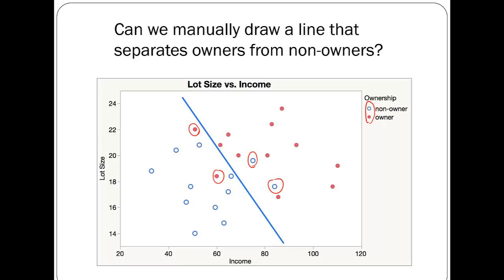So we want to find a better line, if possible, that will do that. And just by eyeballing it, we can see that this line right here actually picks up this owner, and the error rate then would be smaller in that case. So that's the basic idea.